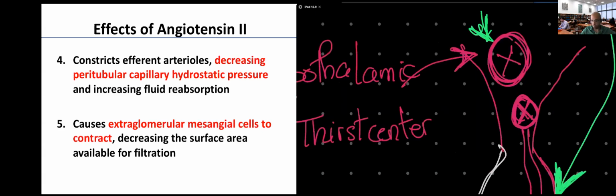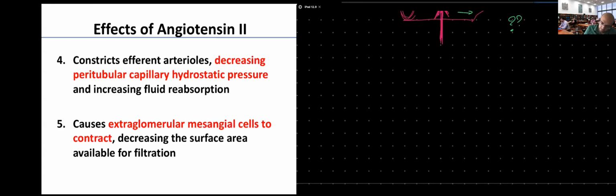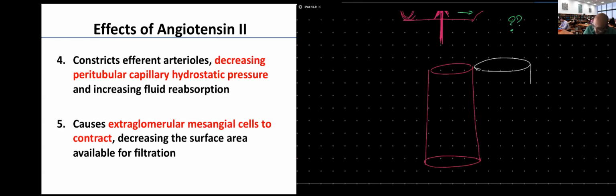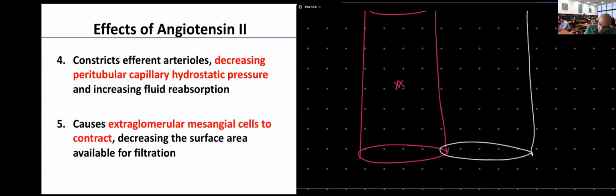So let me draw this here. This is my peritubular capillary, and this is one of my kidney tubules, whatever, like the proximal or distal convoluted tubule. If you remember, if you have fluid, it applies a pushing force called the hydrostatic pressure, as we've mentioned in the filtration.